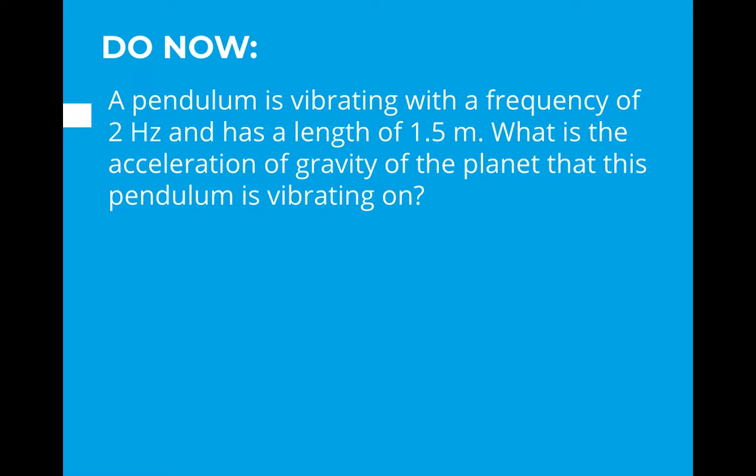We know that pendulums follow simple harmonic motion. How do we know that they follow simple harmonic motion? Well, we know that simple harmonic motion is repeated oscillations or vibrations. What is an oscillation or vibration?